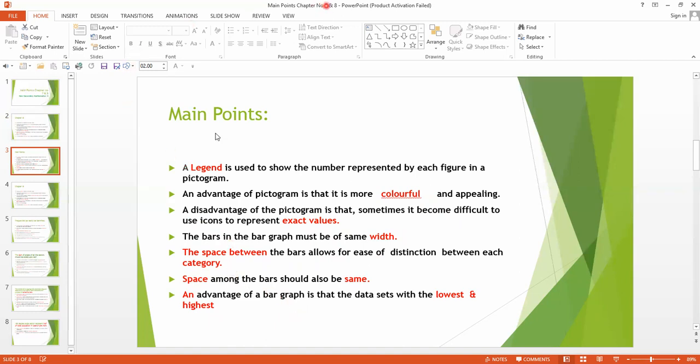So I will draw it so it becomes easier to understand what I am talking about. Suppose I have to draw the bars. Always remember the space between the bars must be equal and the width of the bars is also the same. Clear?